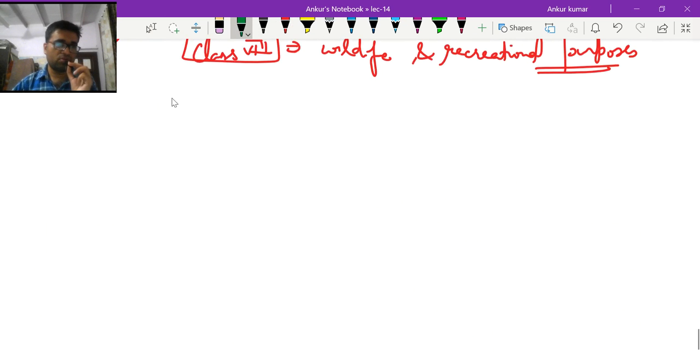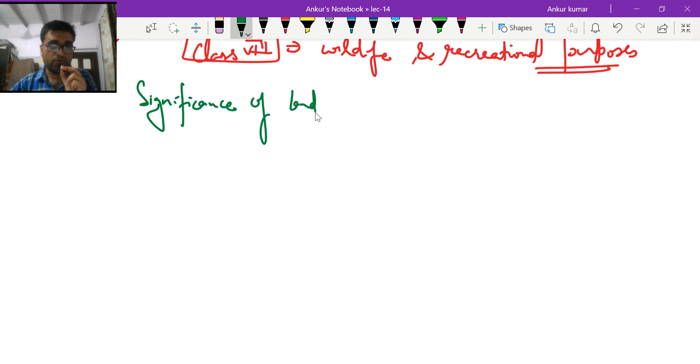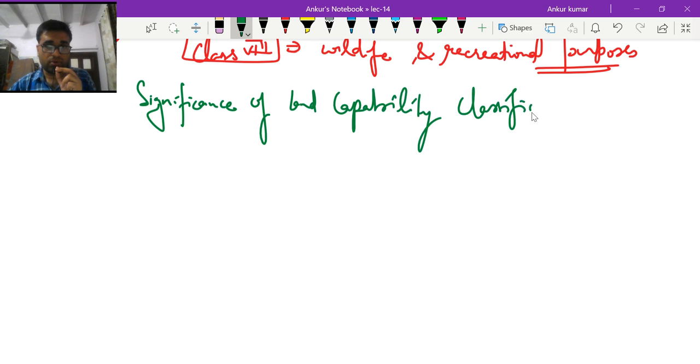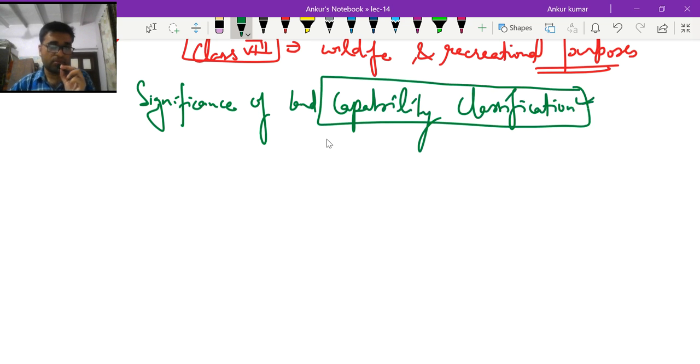But what is the significance of this division of the land? It has a very important significance in land capability classification. Why is this classification of land into 8 categories important, and why should we do it?